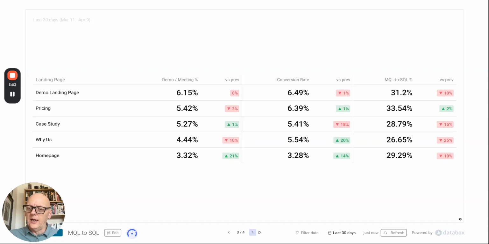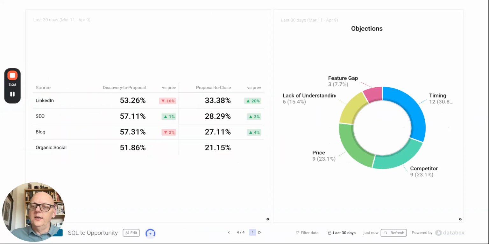And then we're going to look at the high intent page conversion rate, which is, are these pricing and case study and why-us pages doing their job? And then lastly, we're going to look at MQL to SQL conversion rate, which is what percent of booked demos get qualified by sales. And then we'll go on to stage 3.